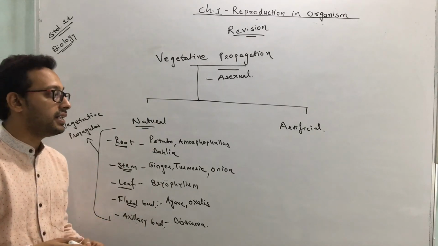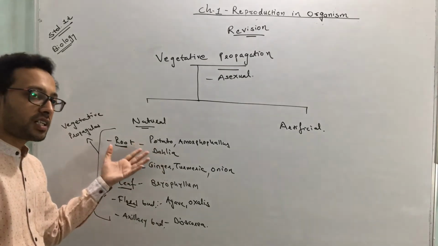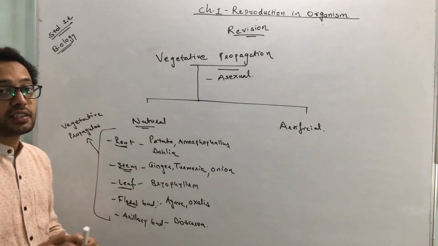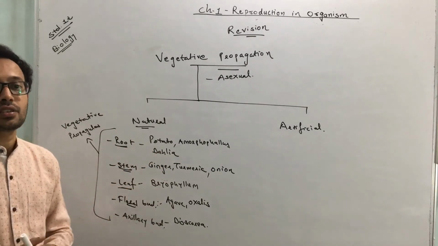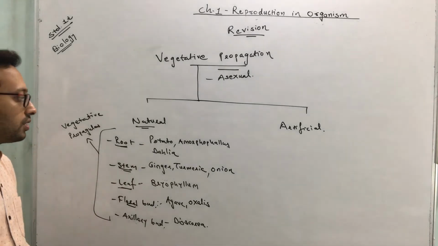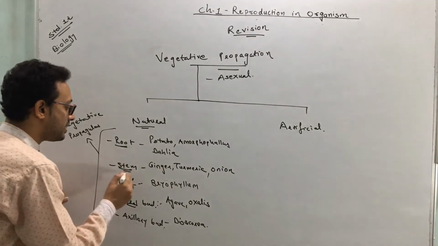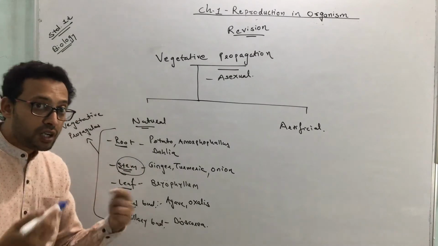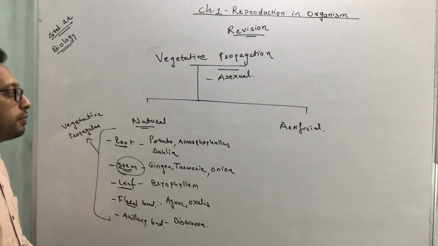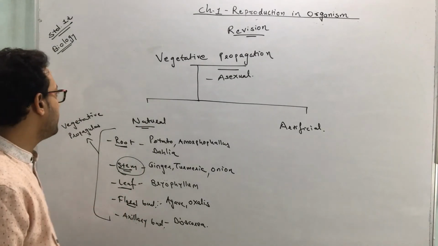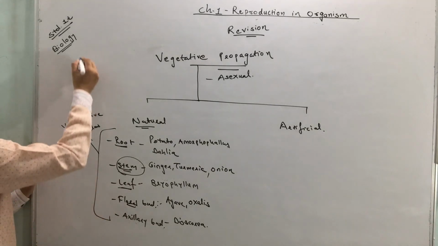Now in certain plants the vegetative propagation occurs naturally, but they modify their organs for vegetative propagation. In many cases the stem gets modified for this purpose. So which are the examples in which stem gets modified?